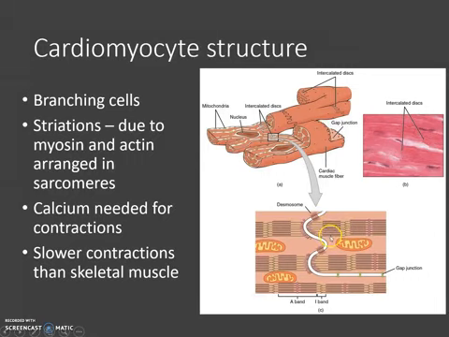Just like skeletal muscle, cardiac muscle has the same striped appearance associated with those thin and thick filaments. Calcium is needed for contractions to occur. In general, the heart has slower contractions than skeletal muscle, because the contraction needs to be slow and steady in order to effectively push that blood from one area to another.